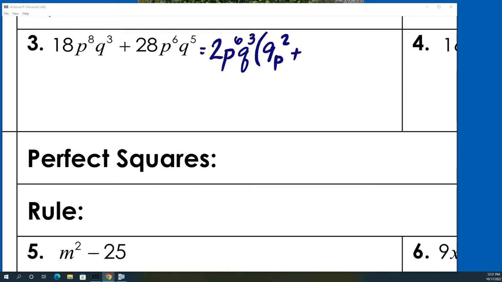All right, and then 28 divided by 2 is 14. And if we look at the p's, they cancel out completely. And then for the q's, we'll take 5, subtract 3, and it'd be q squared. All right, now you guys try 4 on your own, please, or we're going to move on to something different.